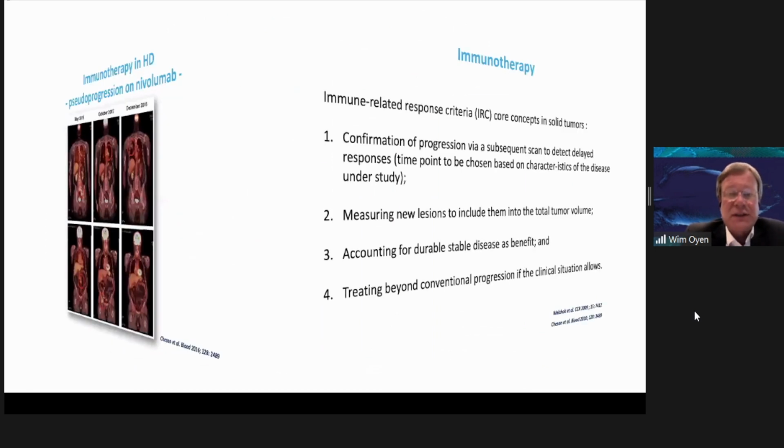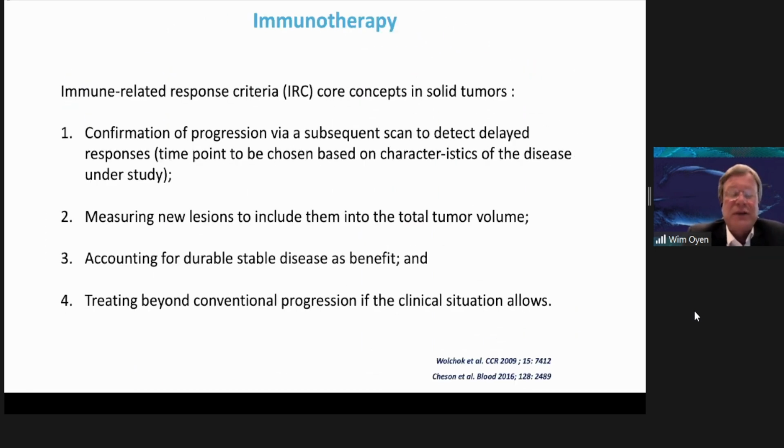Well, it's not very straightforward, but there are ways of using subsequent imaging to confirm whether there is real progression or not.